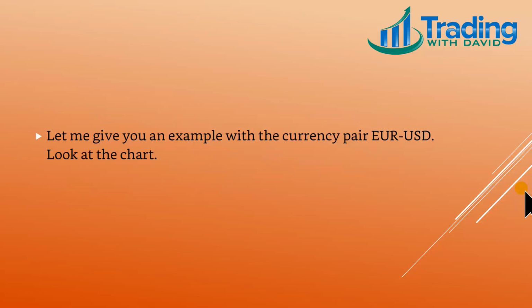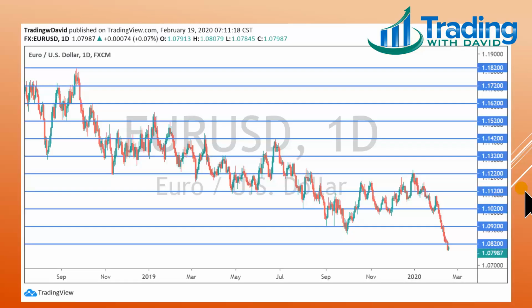Let me give you an example with the currency pair Euro-US dollar. Look at the chart. You will certainly have noticed how the x.xx20 levels, for example 1.0920, 1.1020, 1.1120, 1.1220, and so on, are sensitive price levels for Euro-US dollar.